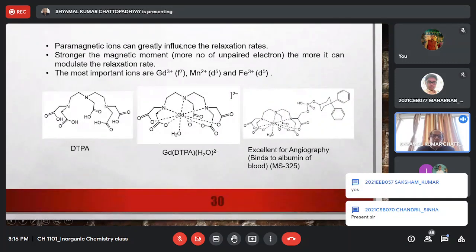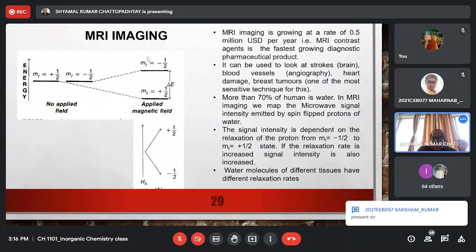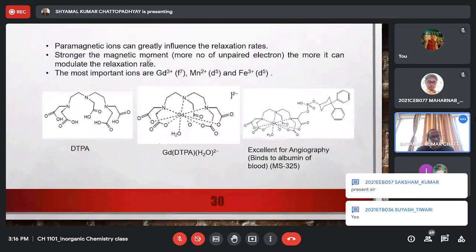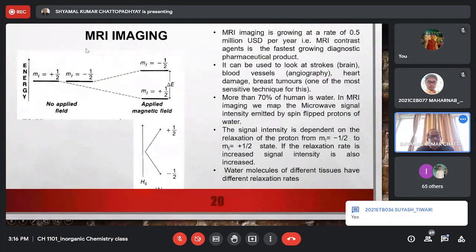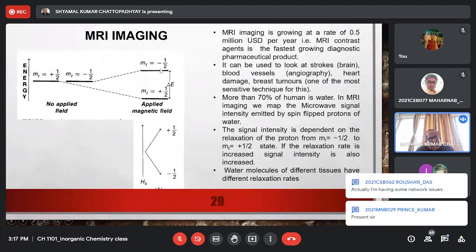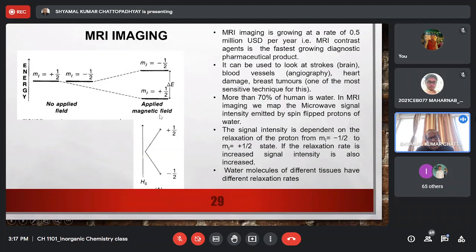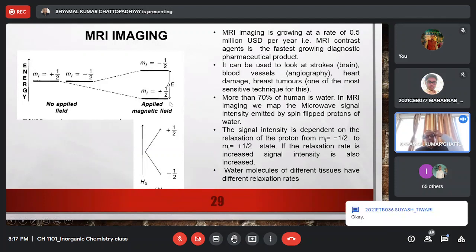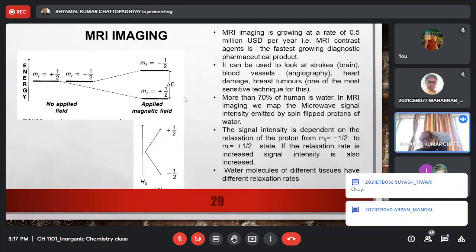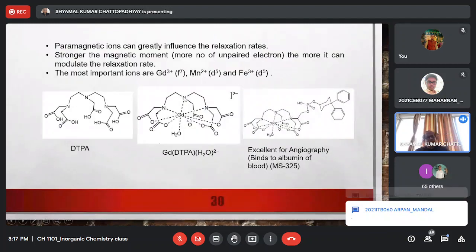Now, what are the contrast agents that are actually used for MRI imaging? Obviously, I have told you what the function of the contrast agent is. Contrast agents will facilitate the relaxation, the coming back of the excited spin to the ground spin. So, in order to interact with this nuclear spin, we have metal complexes which have a high electron spin.